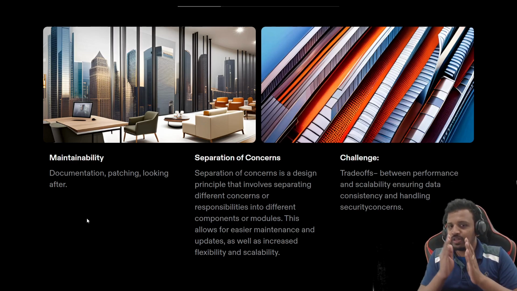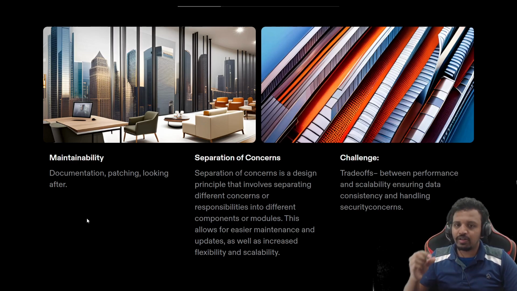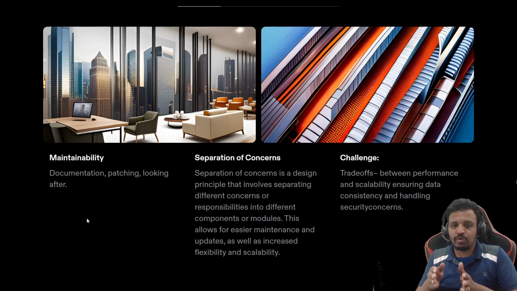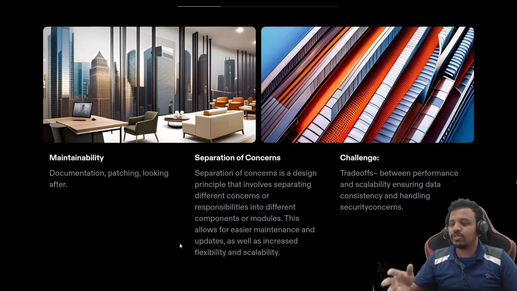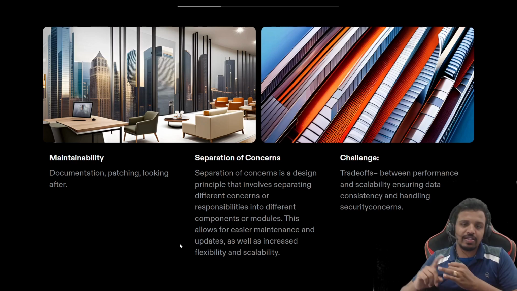Whatever functionalities, features, and responsibilities we have, all of these together we call concerns. So whatever concerns we have, we should divide or separate them into different components, modules, interfaces, and such. That is what we call separation of concerns. So why do we need to do that? This allows for easier maintenance, I think you all will agree, as well as flexibility and scalability.